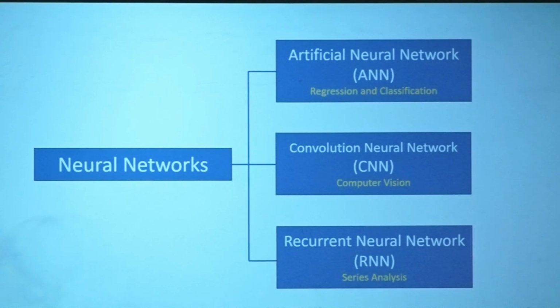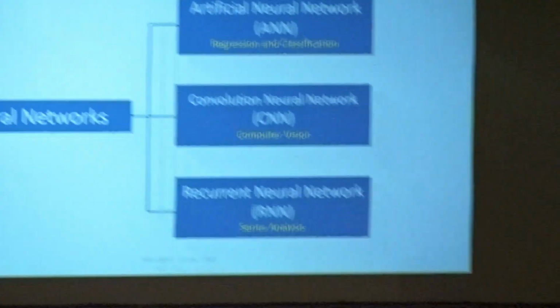It understands the pattern of the sequence data and does the analysis of sequential data, such as time series prediction, weather forecasting, and rain forecasting, for which historical information is required. For handling such sequence data and doing series analysis, recurrent neural networks were designed. Now our today's focus is on convolutional neural networks.